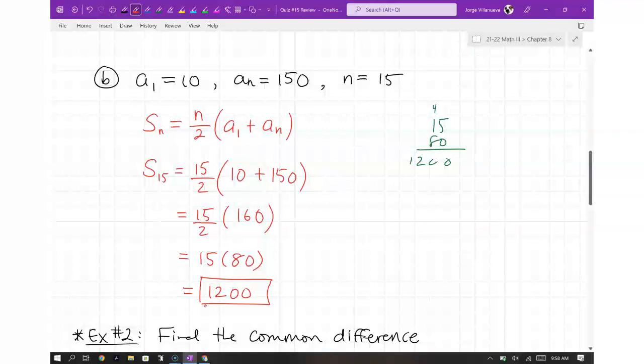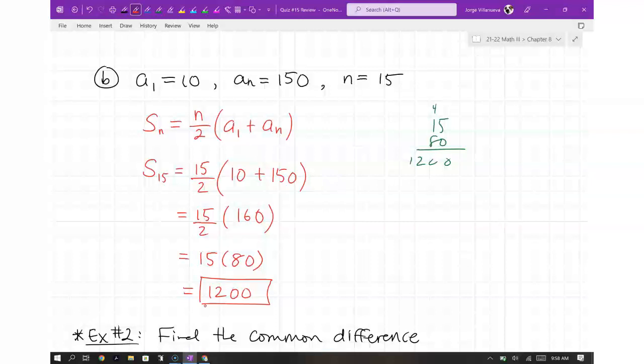A lot easier. And the reason why this was a lot easier is because I didn't have to find a specific term. They gave me everything I needed to put into the equation, so there was no need for me to find something that was missing. Okay? So for part B, you could say no missing terms, and for part A, you can say missing terms.